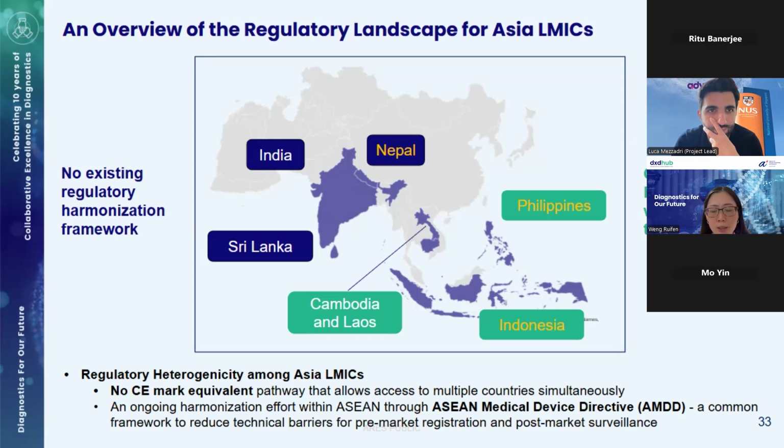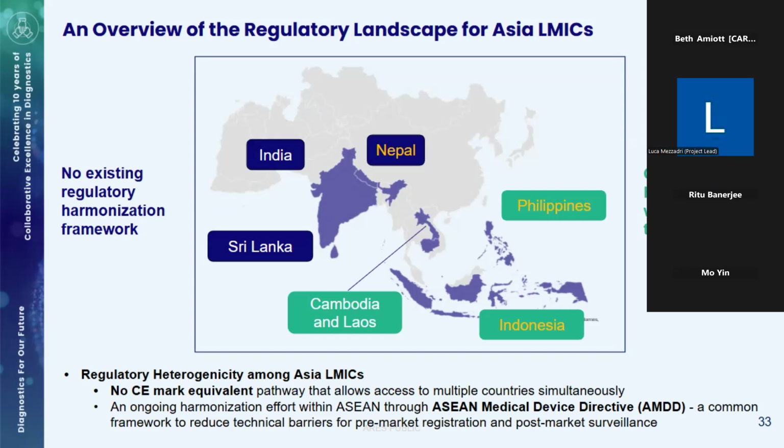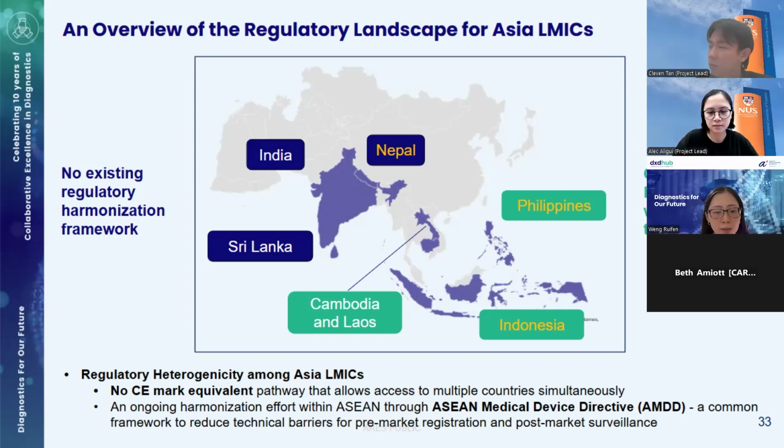We will start by looking at the landscapes in Southeast Asia, otherwise known as ASEAN. And then we will travel south to South Asia to look at countries such as Nepal, India, and Sri Lanka.